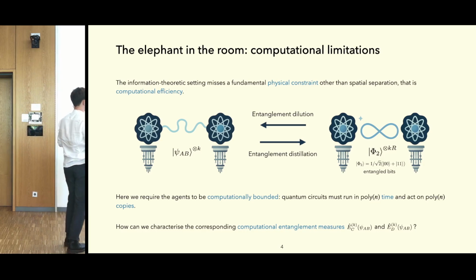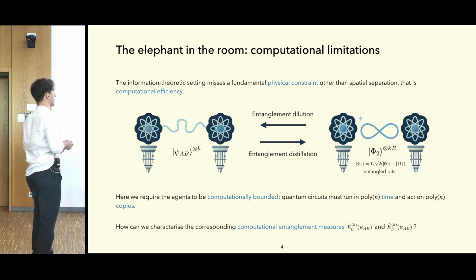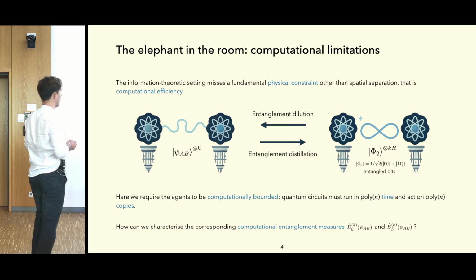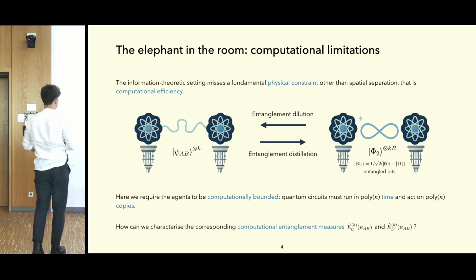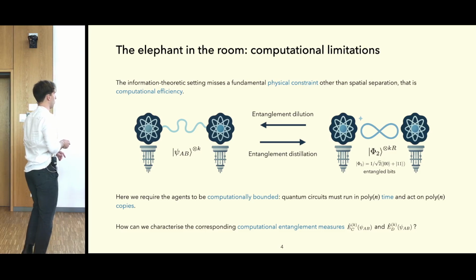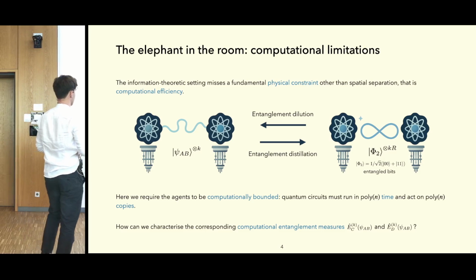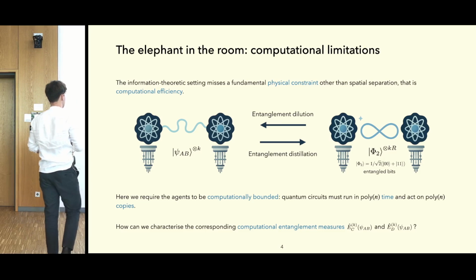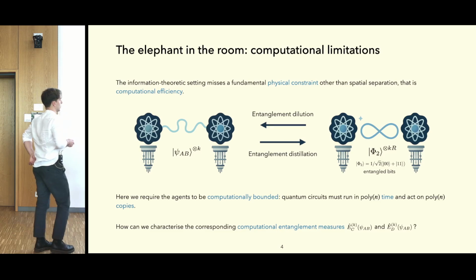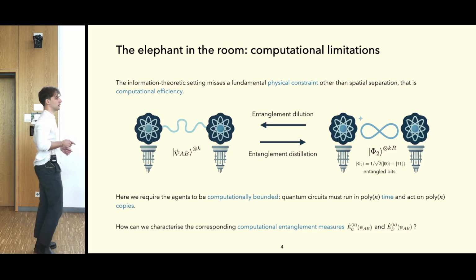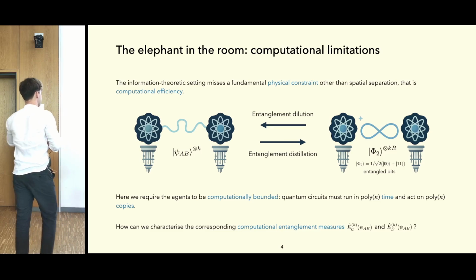So we consider this setting where the two parties are computationally bounded, and they can only apply circuits that run in polynomial time in the number of qubits, where the number of qubits is the local size of the input state, and they can also act on at most poly many copies of the input. Then the immediate question is, what are the resulting computational entanglement measures, namely the computational entanglement cost and the computational distillable entanglement?